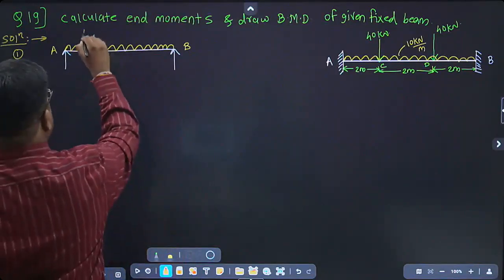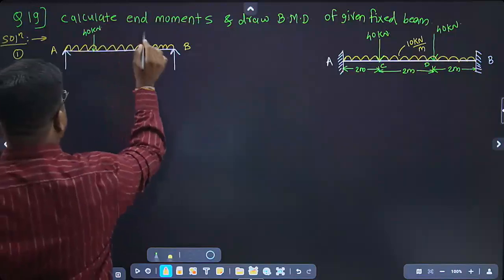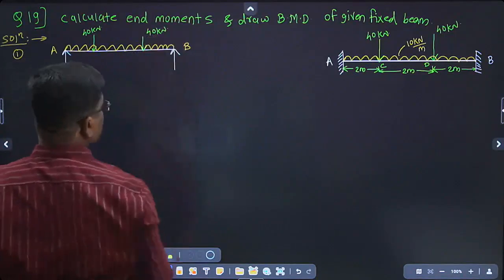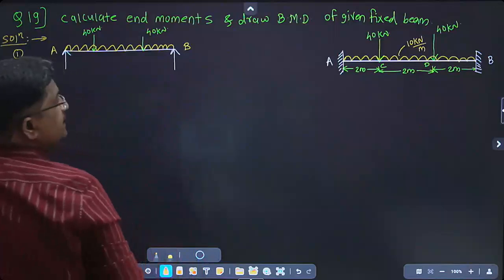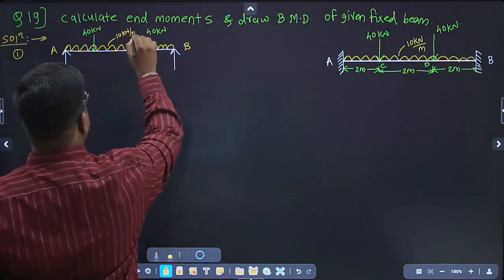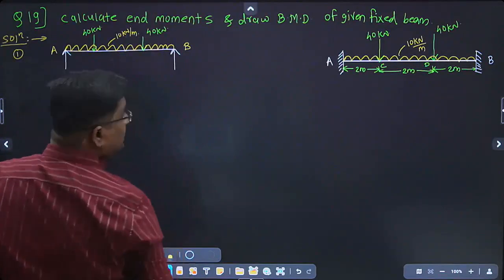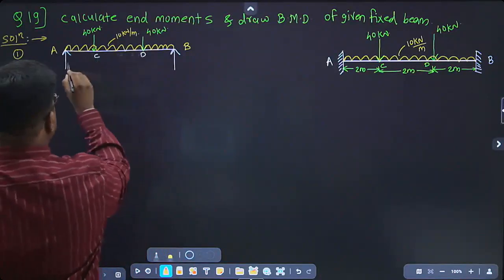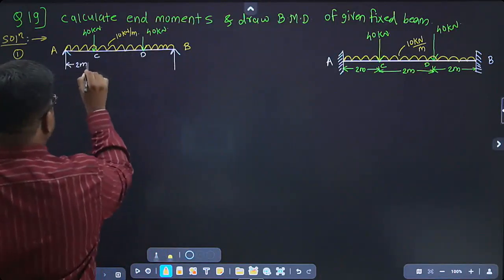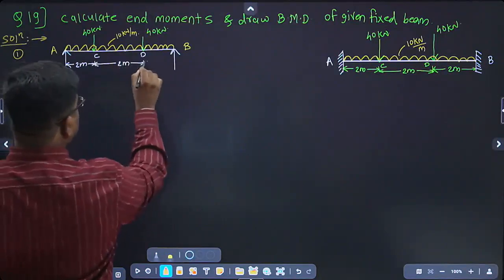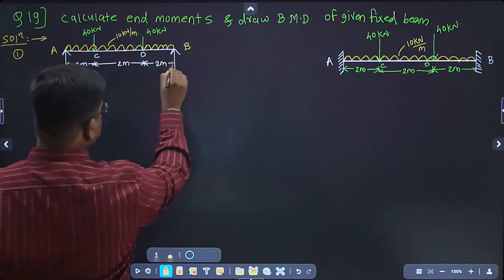UDL of 10 kilonewton per meter, and 2 point loads are again acting. This is 40 kilonewton, again this is 40 kilonewton. Okay, and UDL intensity is 10 kilonewton per meter. Again distances are given, this point is C, this point is D. This distance is 2 meter, this distance is again 2 meter, and again this distance is 2 meter.